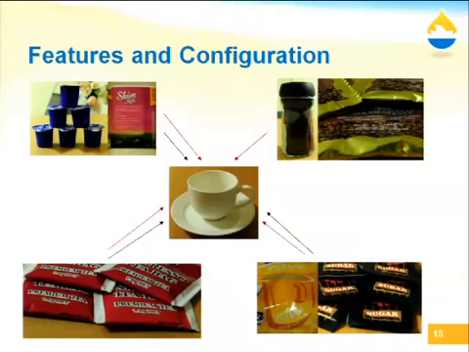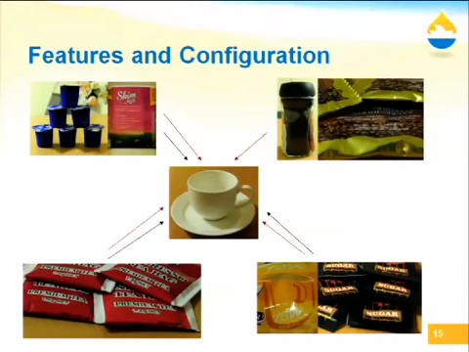But you don't actually care about what kind of tea or what kind of milk is in it. It's just a recipe that you write, and then you can give it to another cafe so they can make the same tea. You get the analogy so far, right? So if I make a recipe, or features, I can give it to another cafe, another site, so they can make the same teh tarik with that recipe.